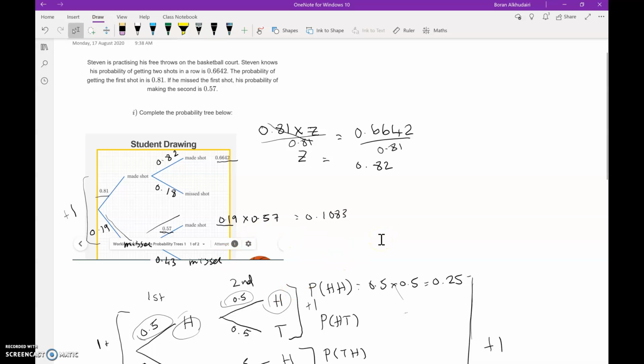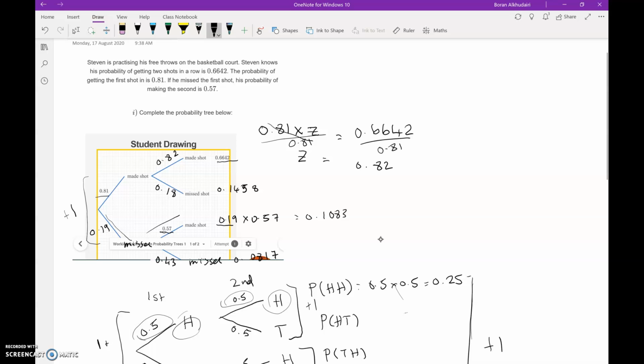So let's do that. 0.81 times 0.18 is 0.1458. And we've already done that one, so 0.19 times 0.43 is 0.0817.